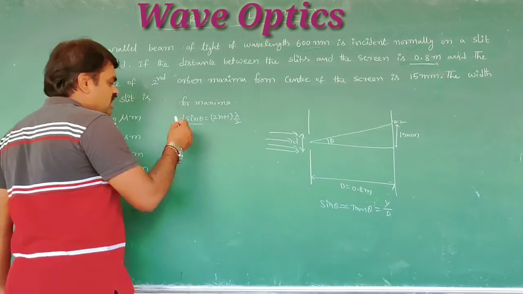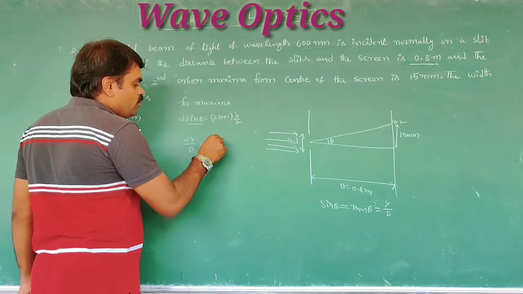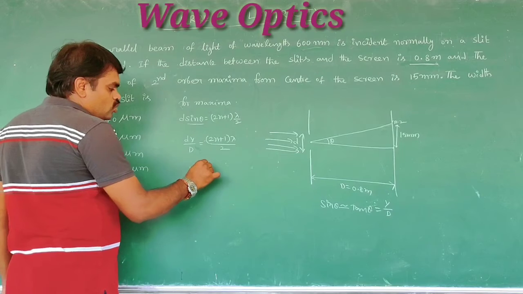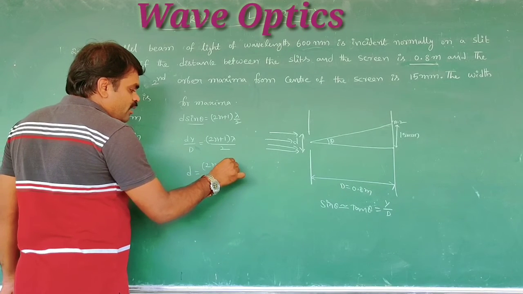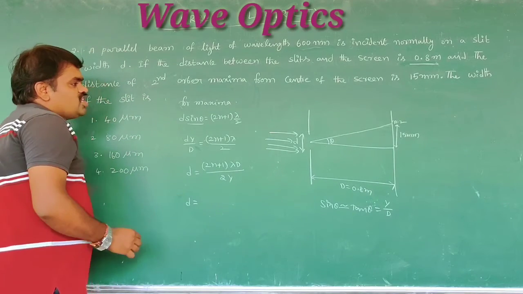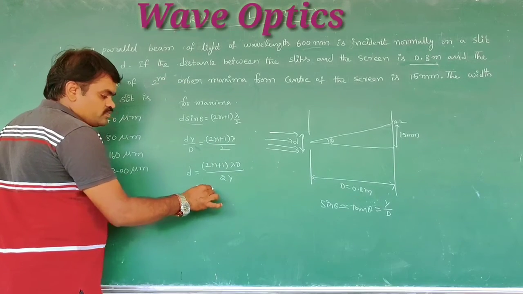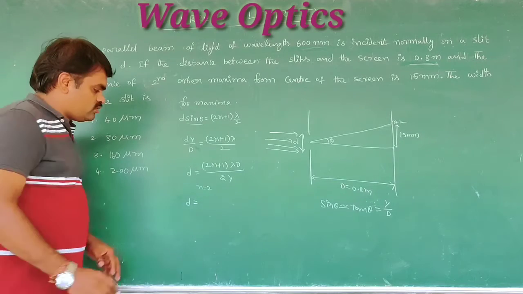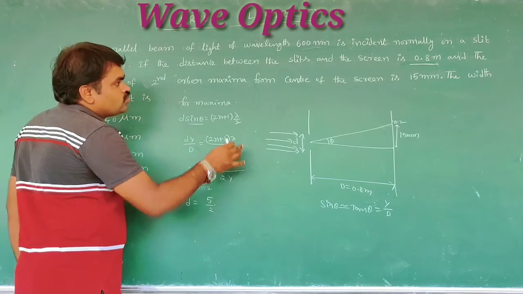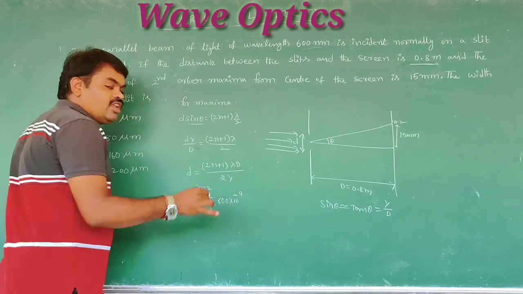Then we directly substitute: d y by D is equal to (2n plus 1) into lambda by 2. Now the slit width d is equal to (2n plus 1) lambda D by 2y. For second order maximum, substituting n is equal to 2, 2 into 2 is 4 plus 1 is 5, so 5 by 2 into lambda value, that is 600 nanometer, 600 into 10 to the power of minus 9 meter.